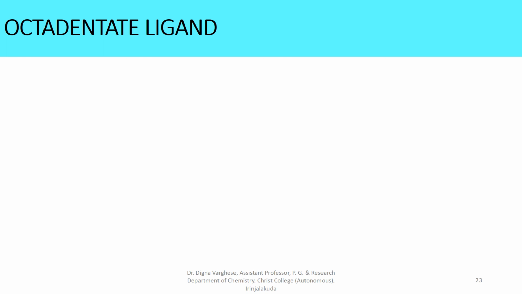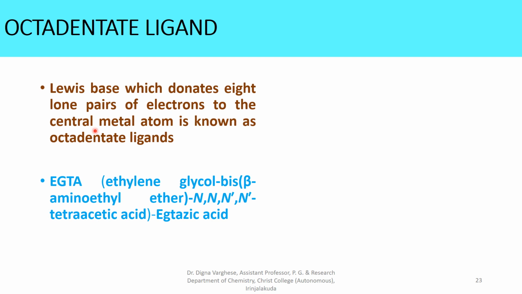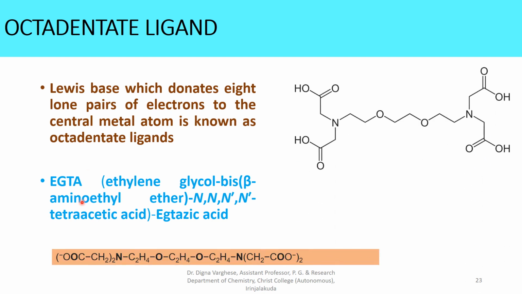Octadentate ligand. A Lewis base which donates 8 pairs of electrons to the central metal atom. For example, EGTA. EGTA is ethylene glycol bis(beta-aminoethyl ether)-N,N,N',N'-tetraacetic acid.